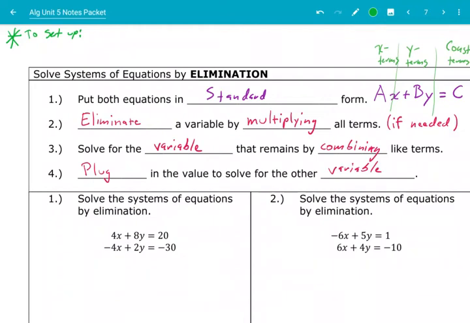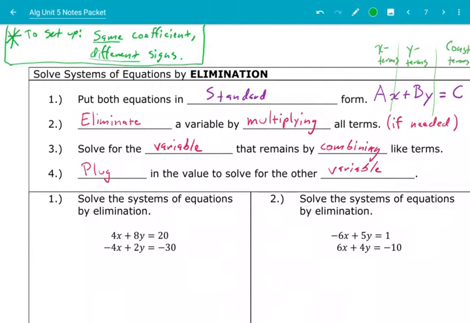You want to have the same coefficient, but different signs. Remember this. This is what we're looking for here.